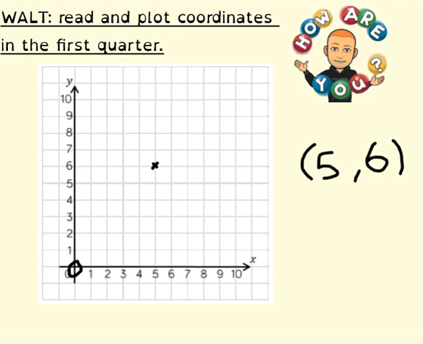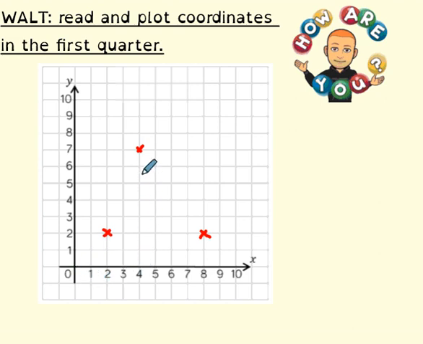If I was asking you to write the coordinates that I've plotted, so let's mark a couple on my graph here. So let's have a look at this point here. To work out what the coordinates would be, I would go along the x-axis, along the corridor, and I would go up the stairs until I meet.